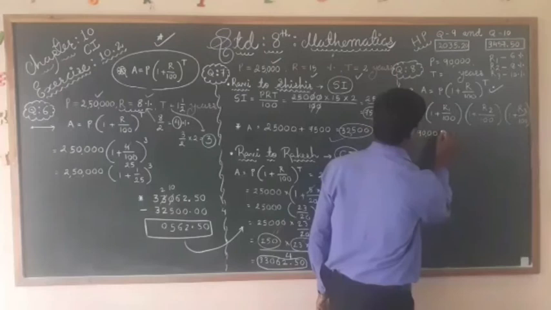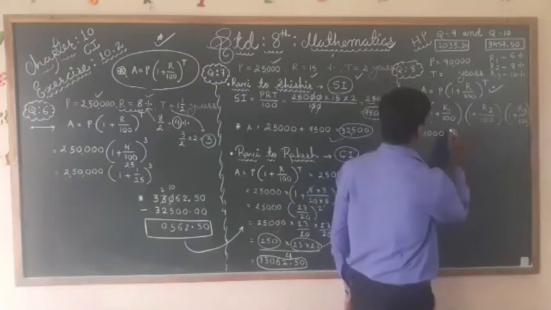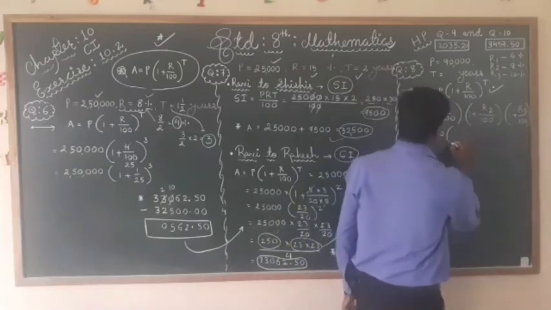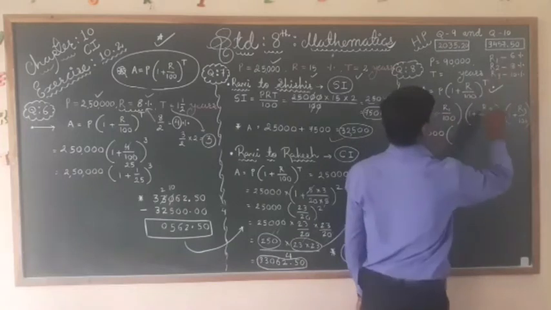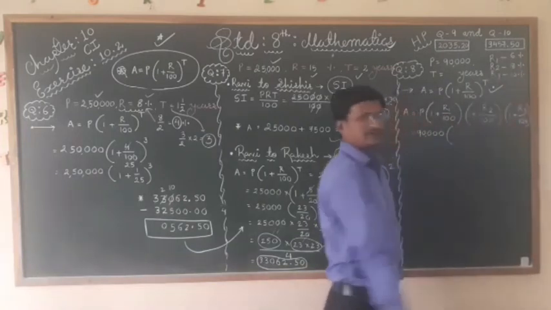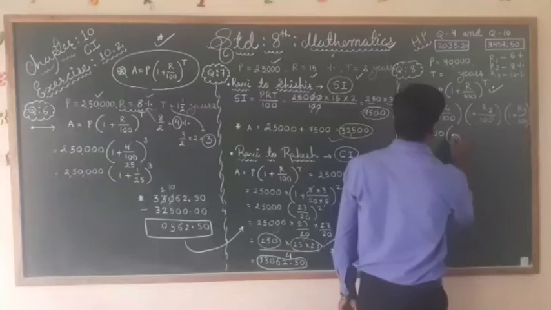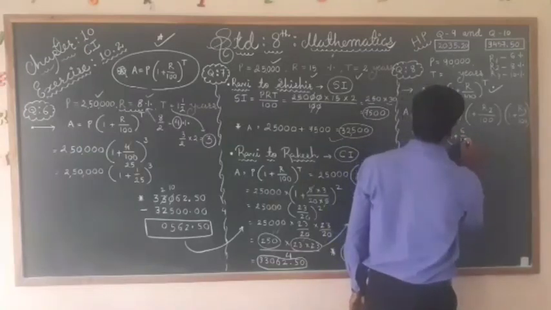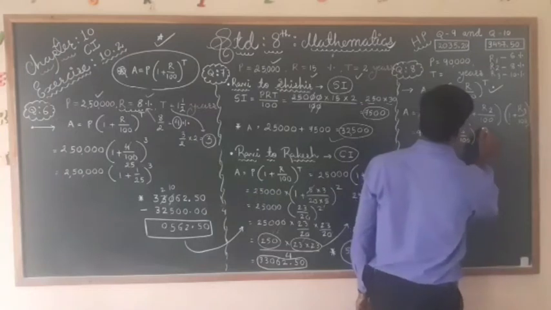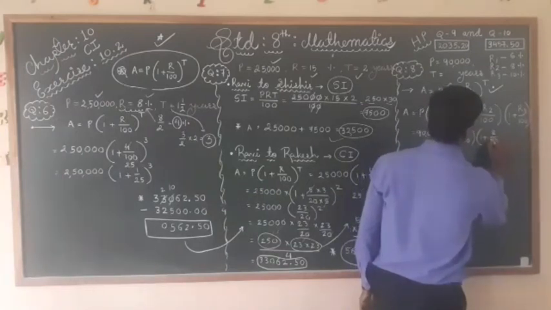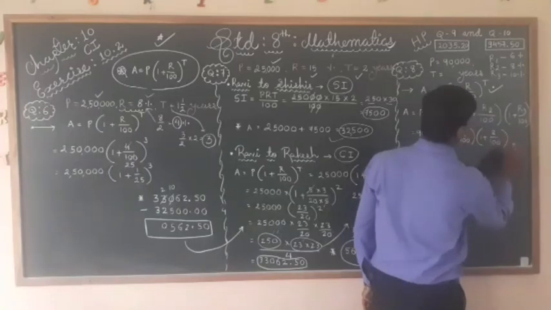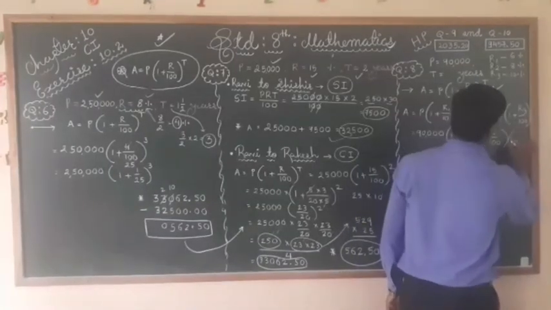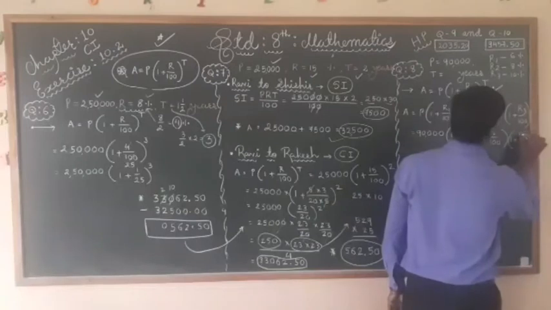Now keeping the values in the formula, 90,000, first R1 is 6%, R2 is 8% and R3 is 10%. So 1 plus 6 upon 100, 1 plus 8 upon 100, and the last is 1 plus 10 upon 100.